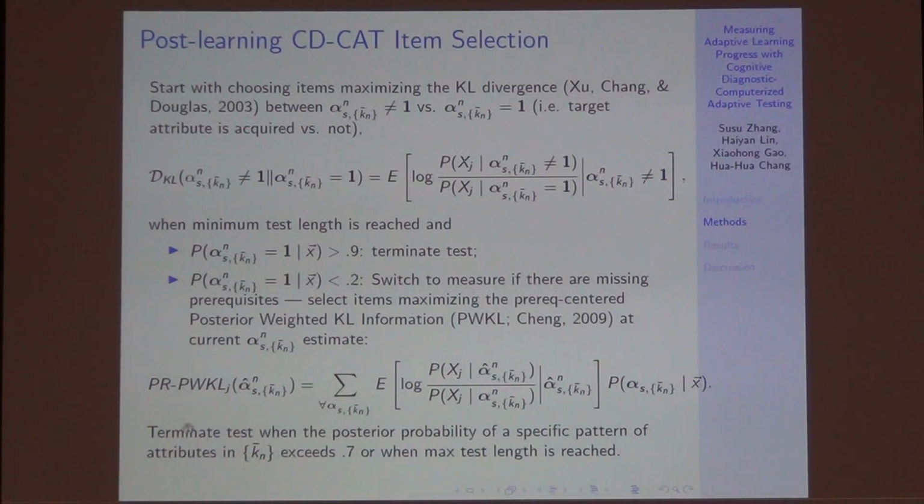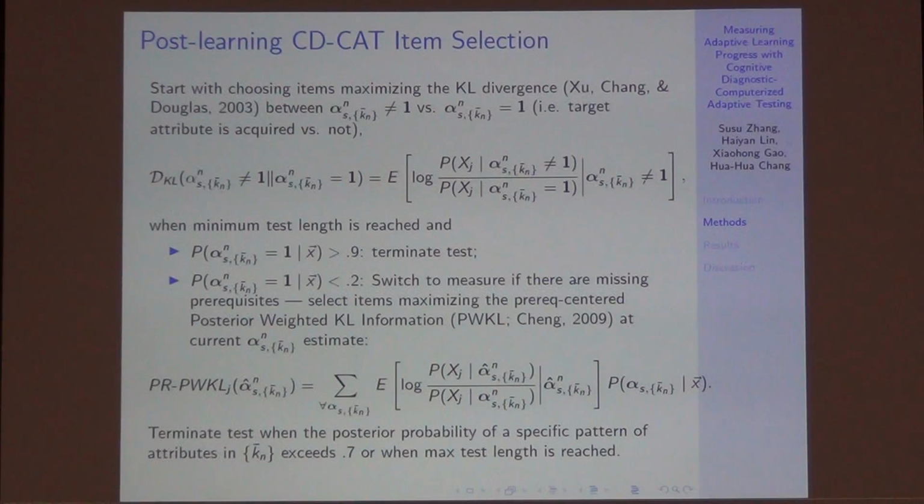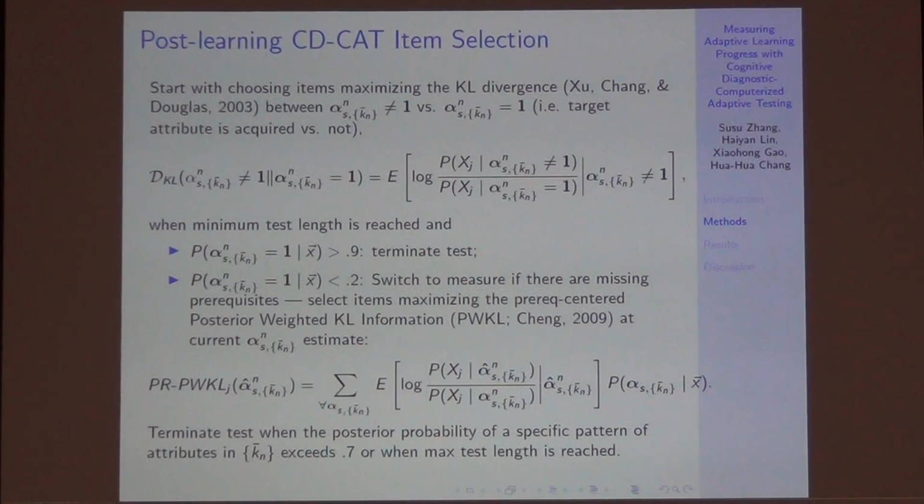And you can see that over here we're most interested in what is the exact pattern on this subset, the target and its prerequisites. So in this case, it can help us find out which prerequisite is missing. We're going to terminate the test either when the maximum test length is reached or the posterior probability of a specific pattern of attributes in the target skill and the prerequisites exceeds a threshold, say 70%.